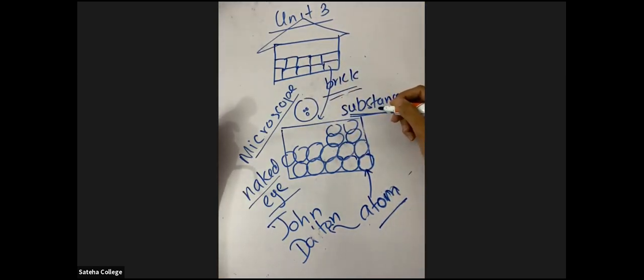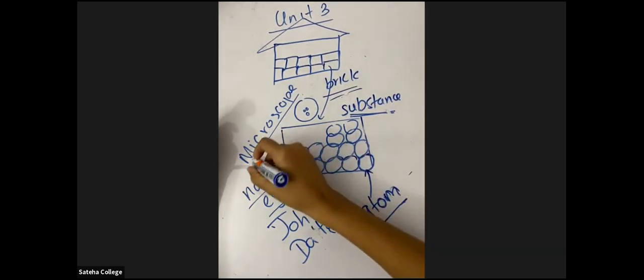Come again. What did John Dalton say? He said the simplest, the smallest, the basic unit of a substance is the atom. And can you see it with the naked eye? He said you can't see it with the naked eye.